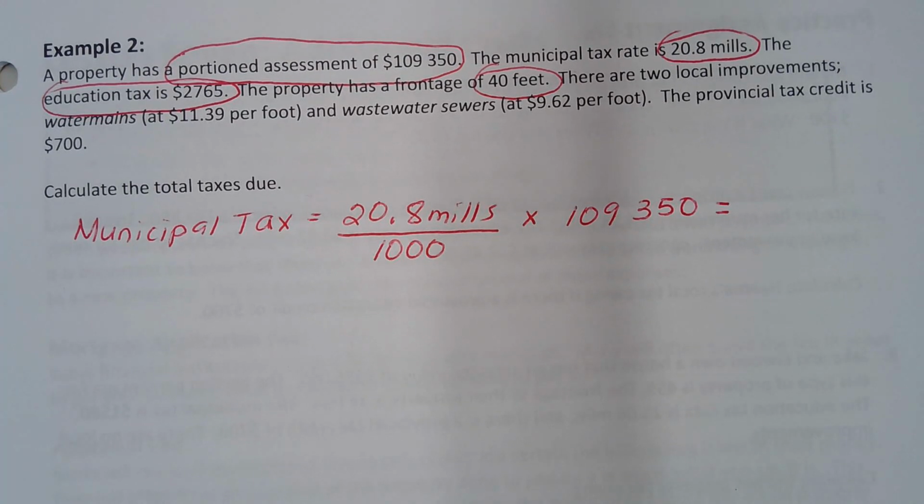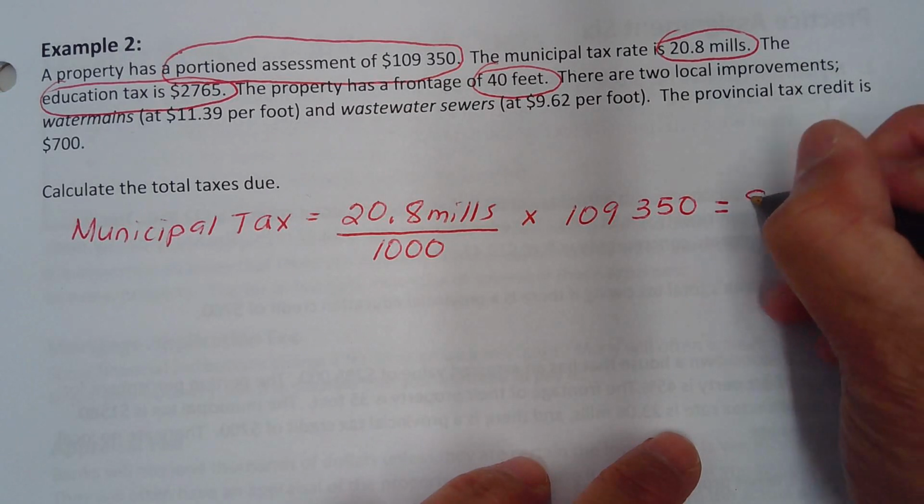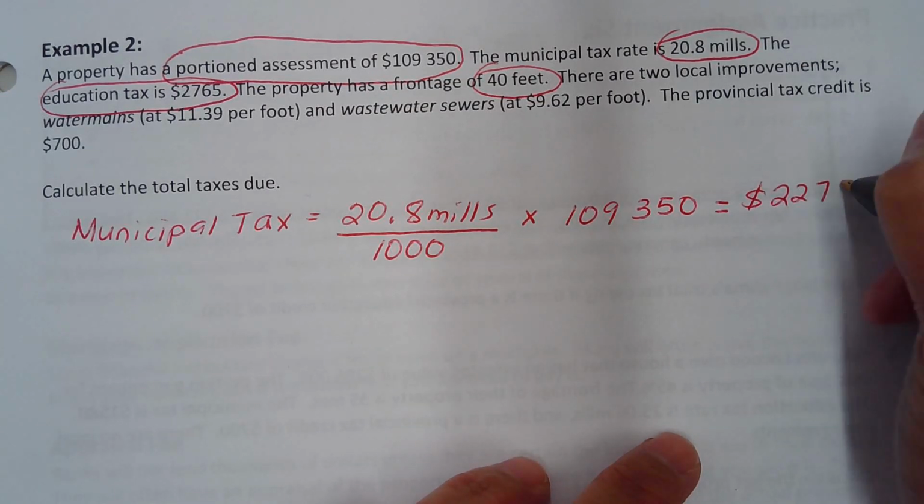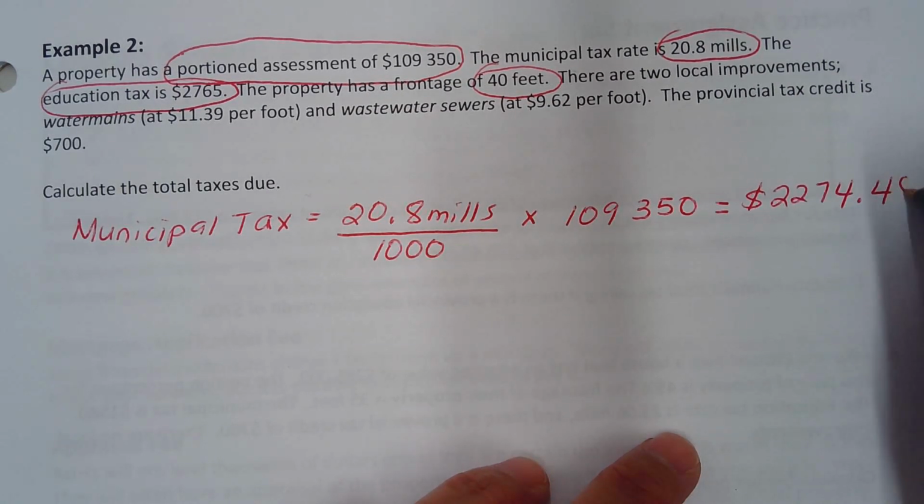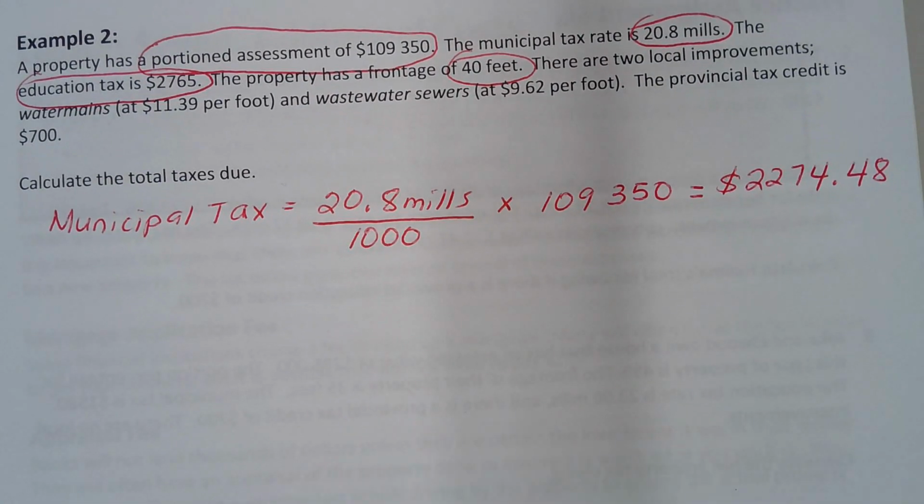I'll give you a moment to calculate that piece, and I'll show you what I got. Is everybody okay? Did you get 2,274.48? Yeah? Okay. $2,274.48.